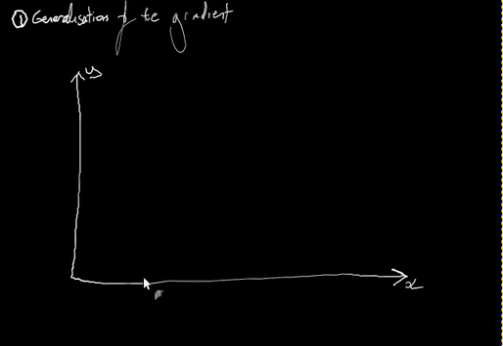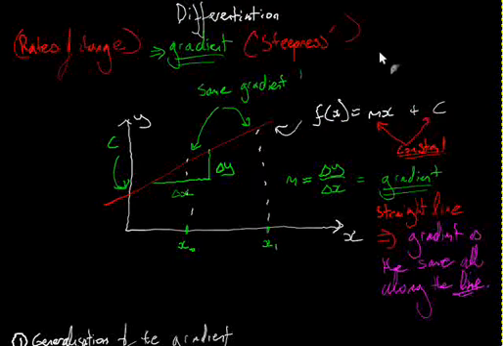So, generalization of the gradient. We're going to use a lot of space here, so we'll start our y-axis here, and our x-axis here. This y and this x.